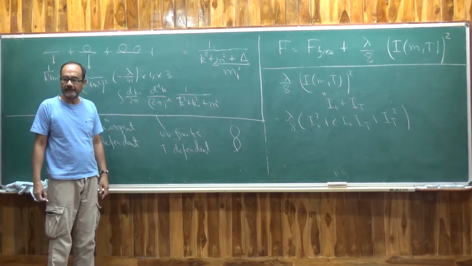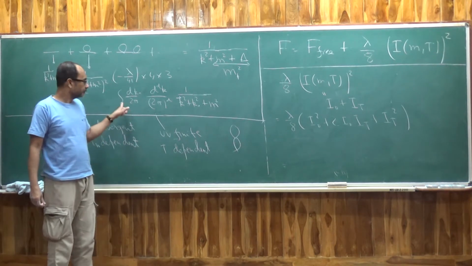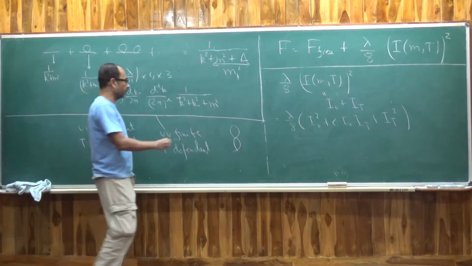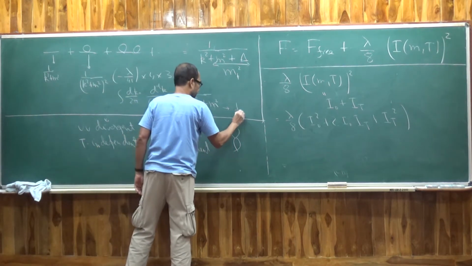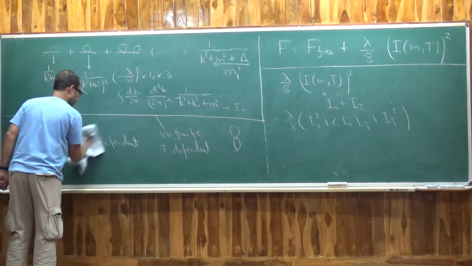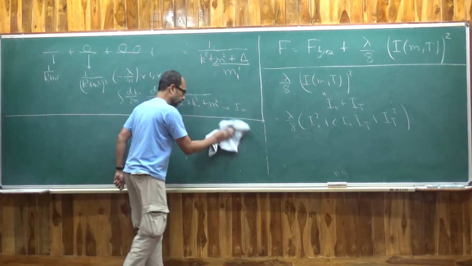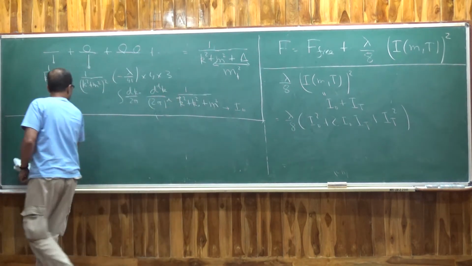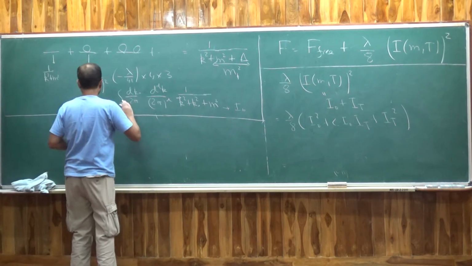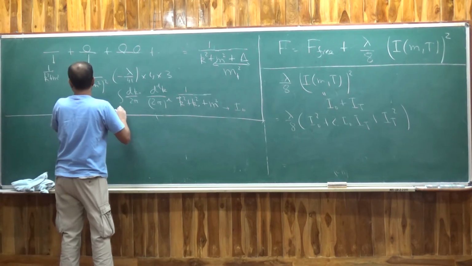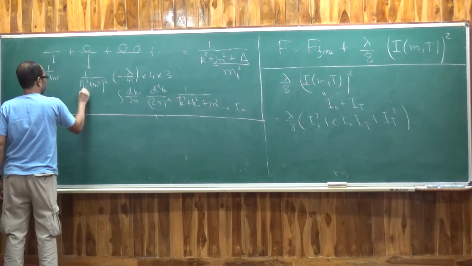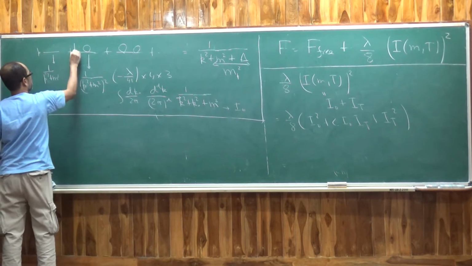Yes? I0. Right? This is the 0 temperature limit of I. Sorry, this should be L. Okay, this I shouldn't confuse with this K. Let me call this P. Okay, external momentum. And this is K.